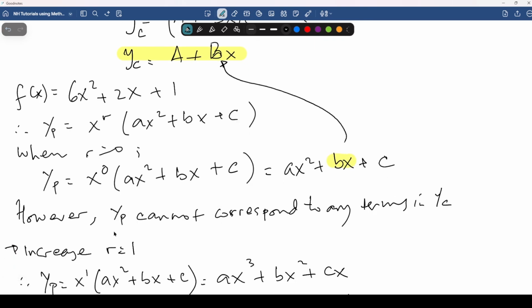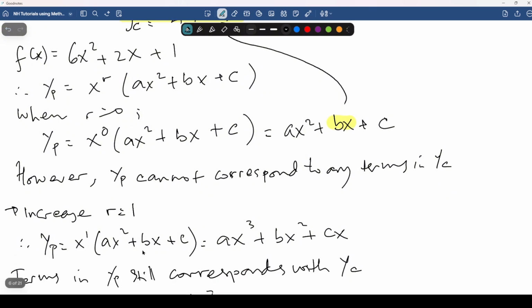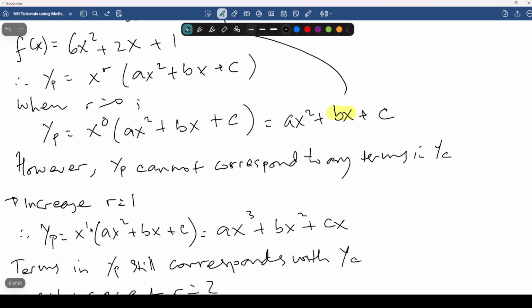What we do then is increase the value of r from 0 to 1. So x to the power of 1 multiplied by the original best guess ax squared plus bx plus c gives ax to the power of 3 plus bx squared plus cx. Then we check again whether the terms in this yp, using r equals 1, have any correspondence with our yc.